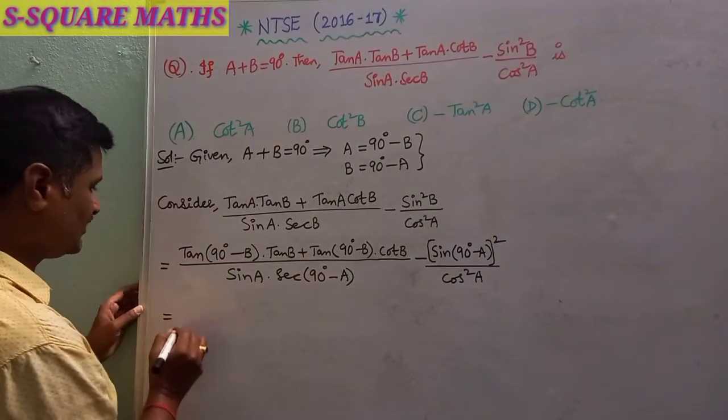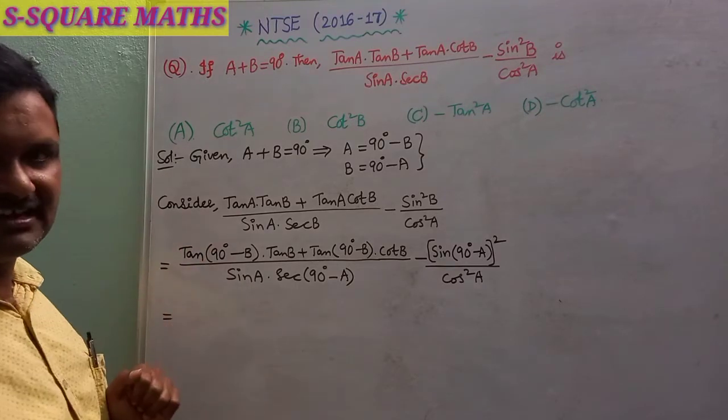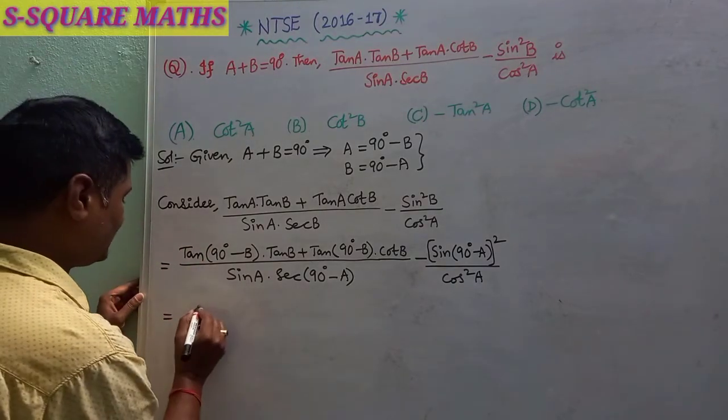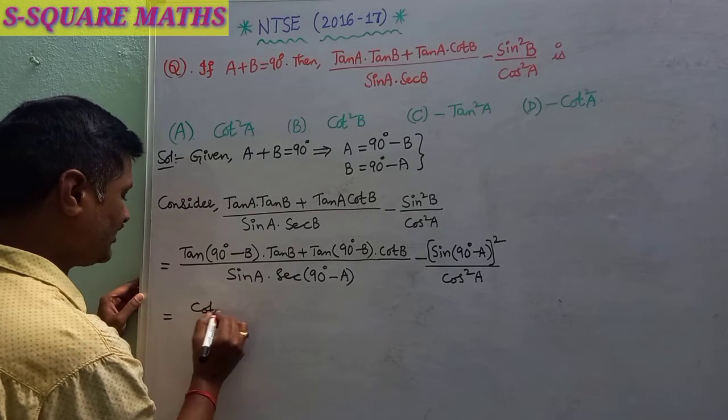Again here we know that tan of 90 minus theta is nothing but cot theta.